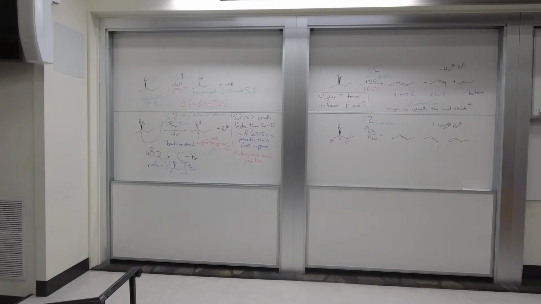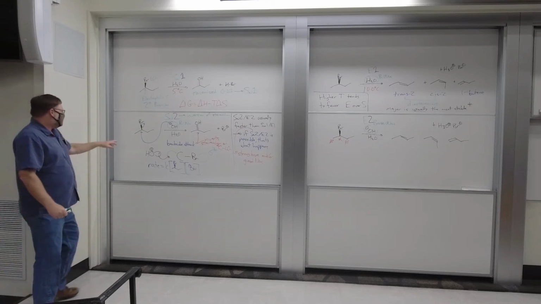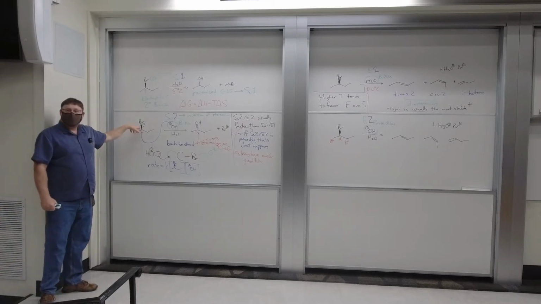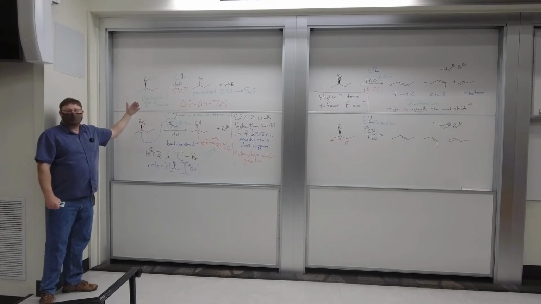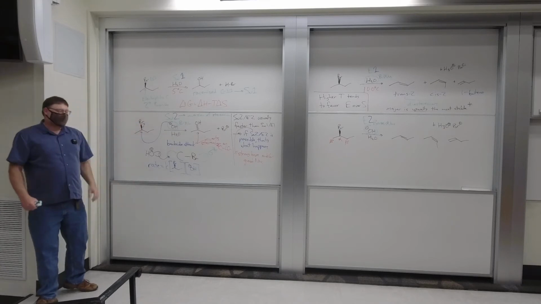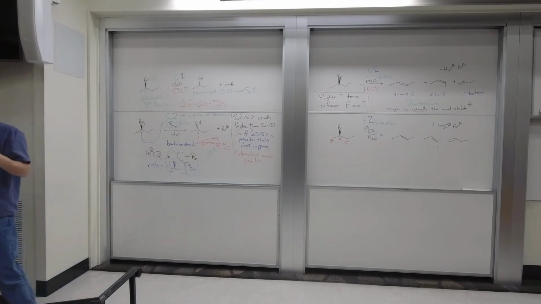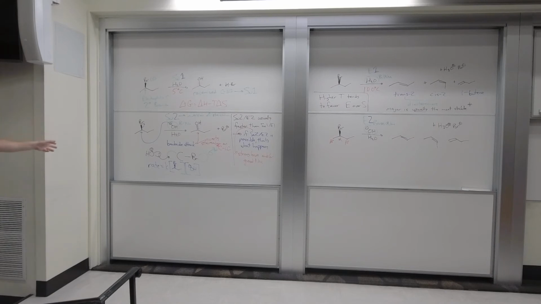The harder it is, the lower K is. The easier it is, the higher K is. It represents how strong this bond is. The weaker that bond is, the higher K is. It's fun to look at K; you'll do that in physical chemistry if you're interested. Same thing, it's a one-step reaction. If I increase the concentration of the alkyl bromide, I also increase the chances that the 2 molecules collide.